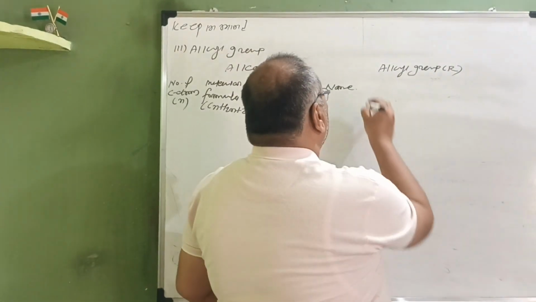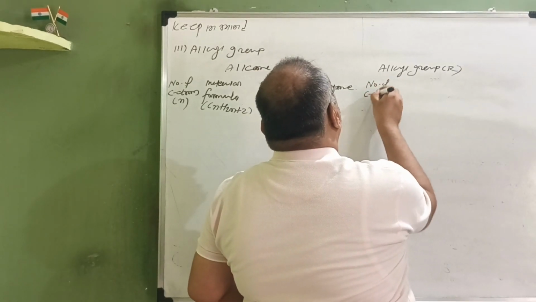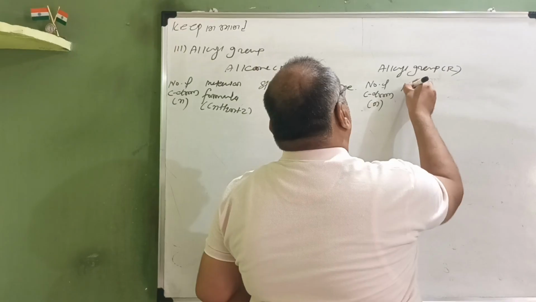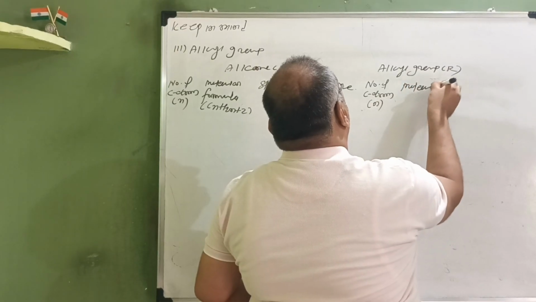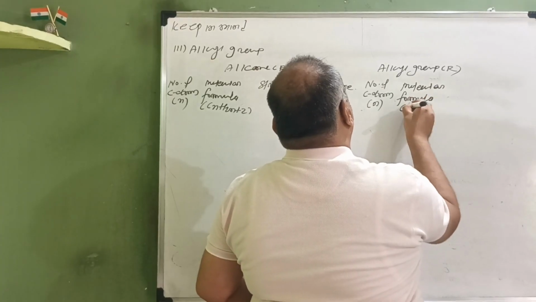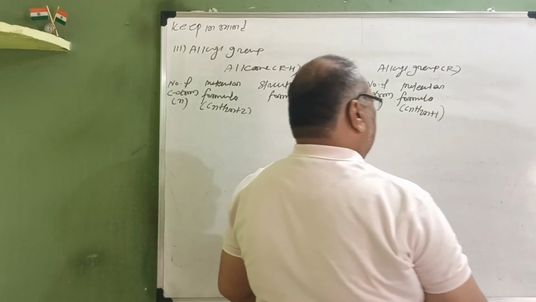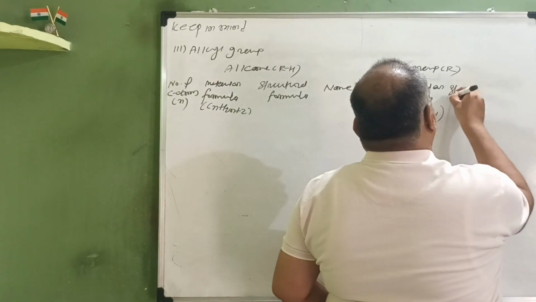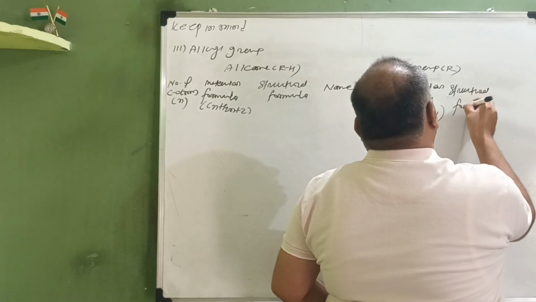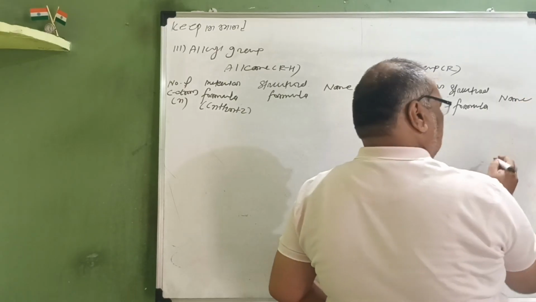Here number of carbon atoms N, molecular formula Cn H2n plus 1. Here structural formula, and here write down name.